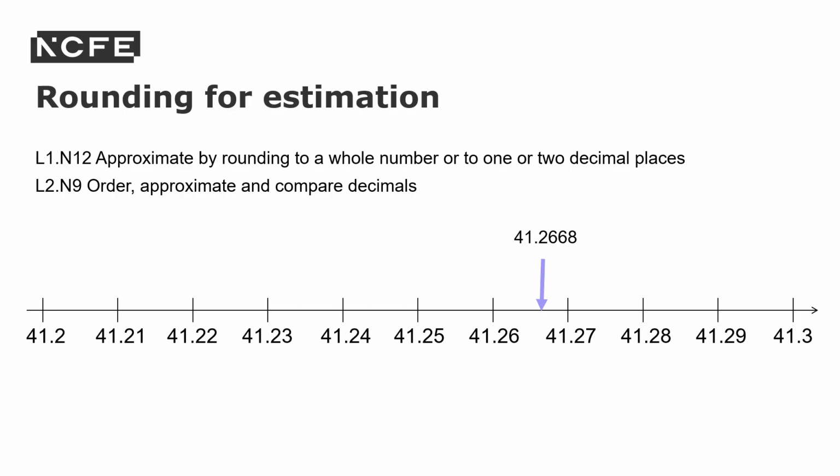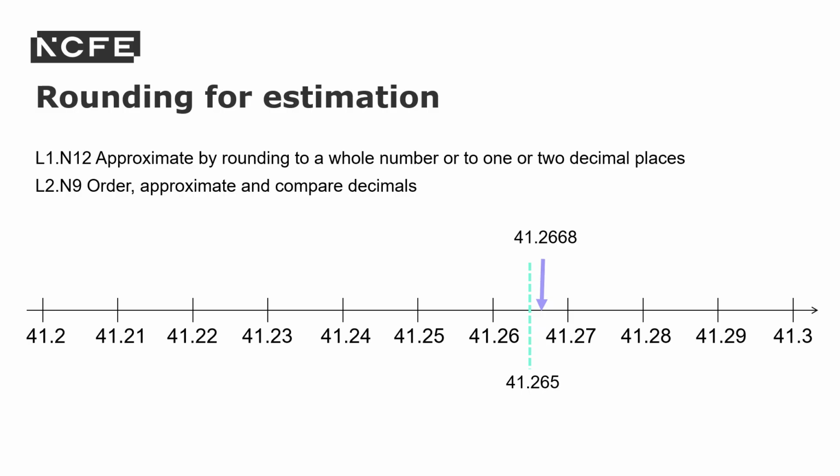Our number line has the numbers from 41.2 to 41.3 shown in intervals. So we would look at where the 41.2668 sits, and we would compare that with the halfway point between 41.26 and 41.27 to decide whether we round our number to 41.26 or 41.27. So the halfway point is 41.265.